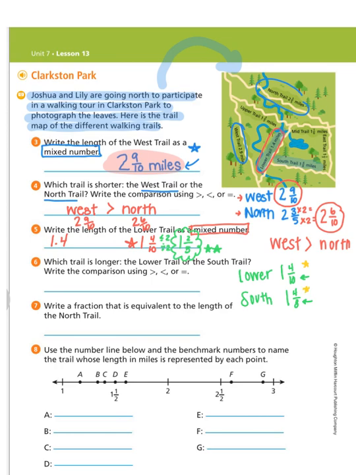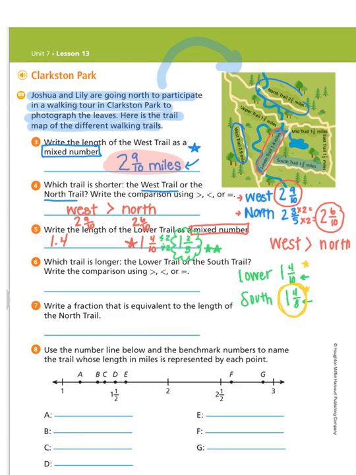Remember, when we are comparing fractions, when the denominators are different and the numerators the same, we always want to choose the smaller denominator, because I would rather share with 8 people than with 10 people.